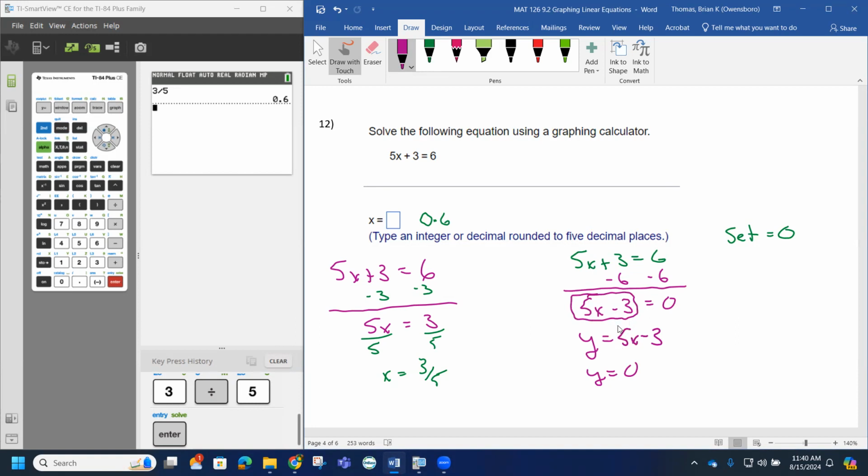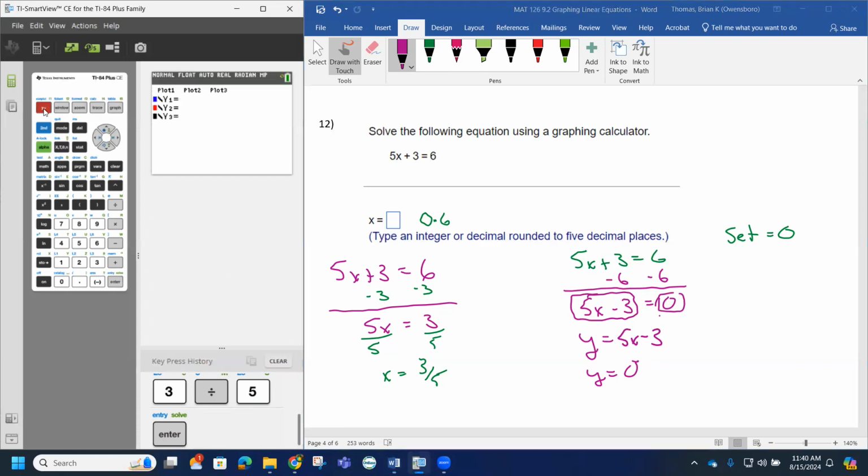You can turn it into y equals 5x minus 3, and you can graph y equals 0. So what I can do is create these two equations. So what I'm looking for is what point do they have in common, if you will.